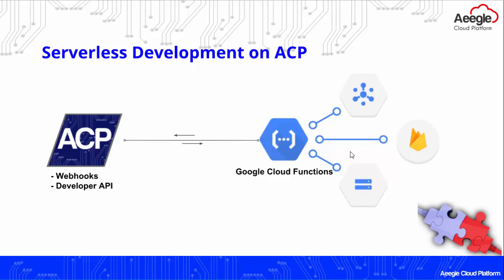Those methods are going to give you the possibility to connect to maybe Google Cloud Functions. And once Google Cloud Functions receives the data from the webhook on ACP, it can connect to any other external system, such as Firebase, Google Cloud Storage, etc., or anything else that you have in mind.